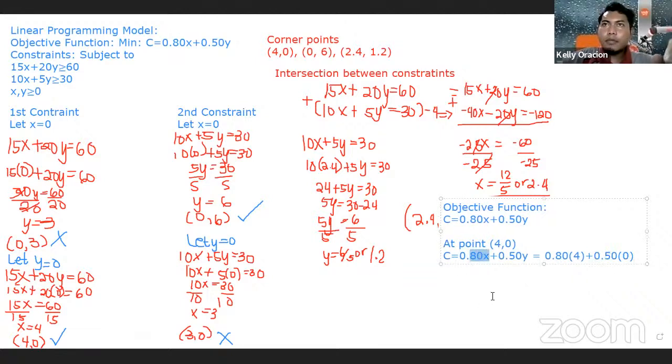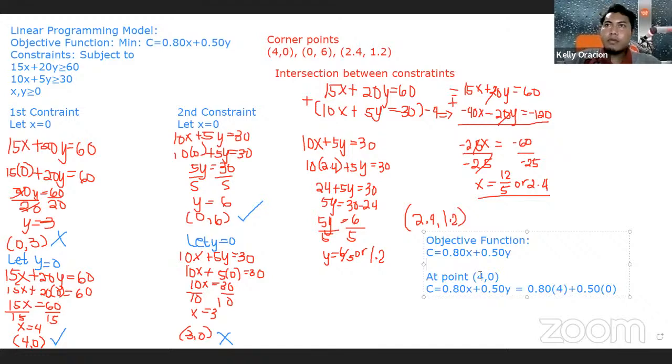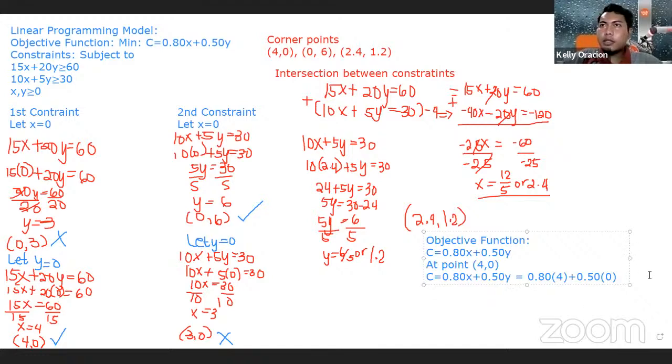The answer is 3.2. Again, it's 3.2. 3.2 yung sagot natin dito.